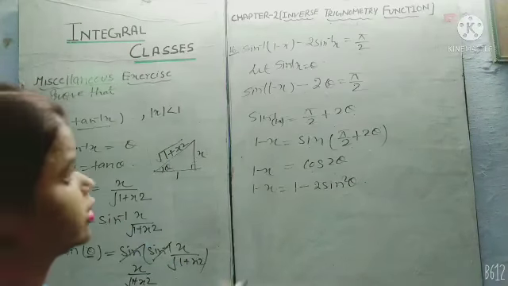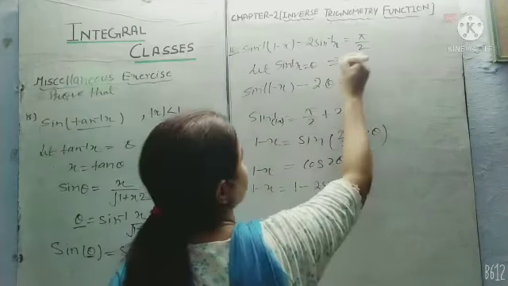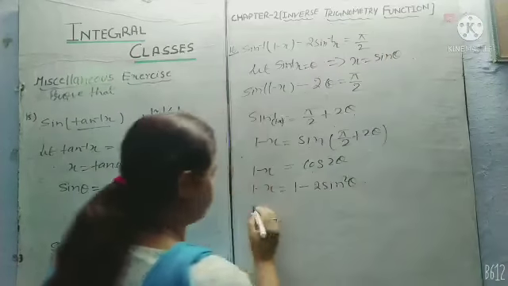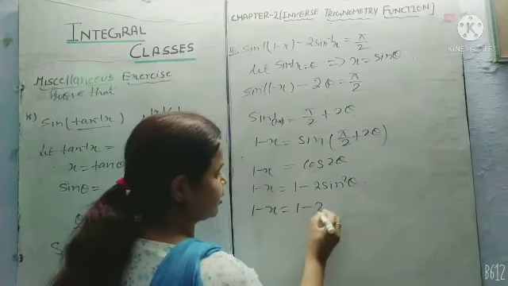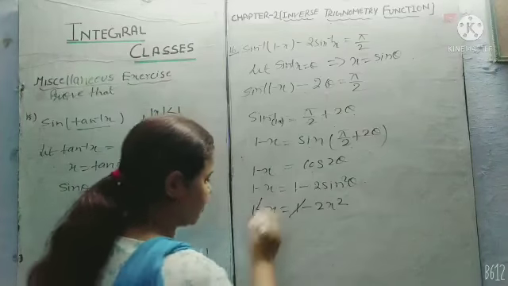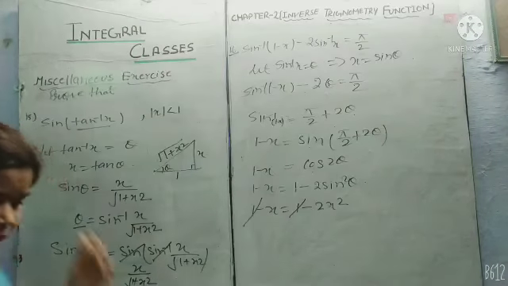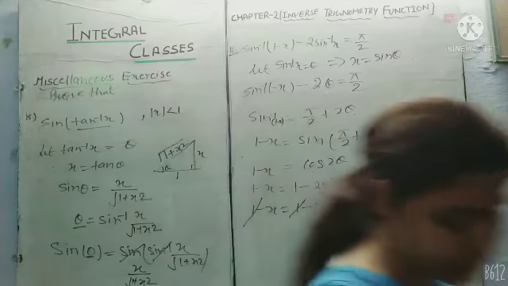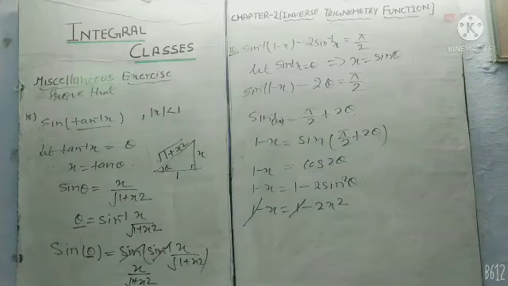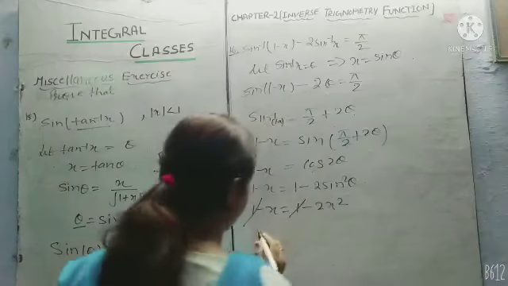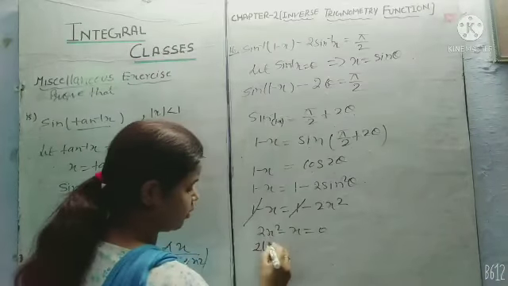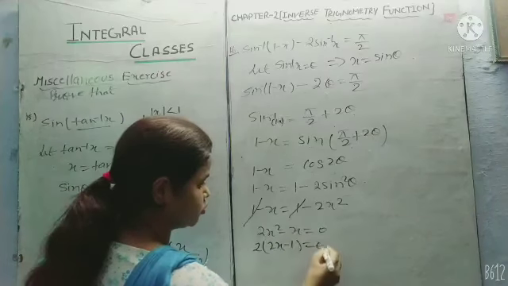Now sin theta equals what here? From this, x equals sin theta. So we will put here 1 minus x equals 1 minus 2 x square. 1 is cancelled on both sides. Then 2x square goes to the other side, minus x equals 0. x is common, x(2x minus 1) equals 0.